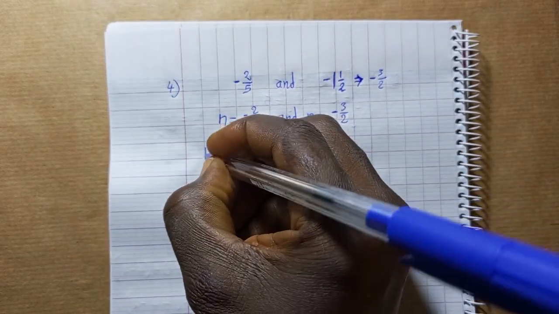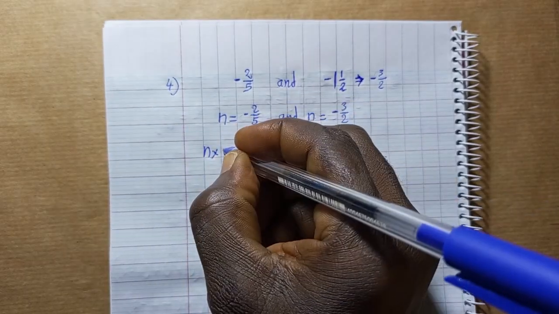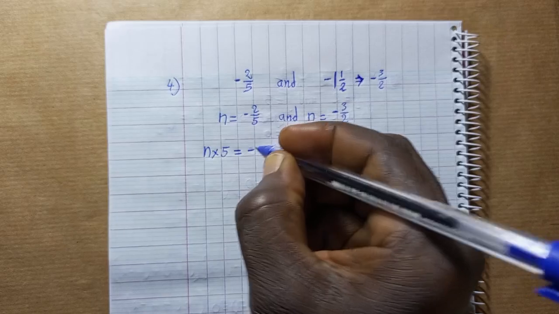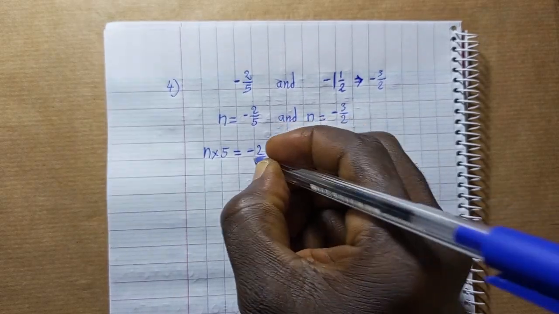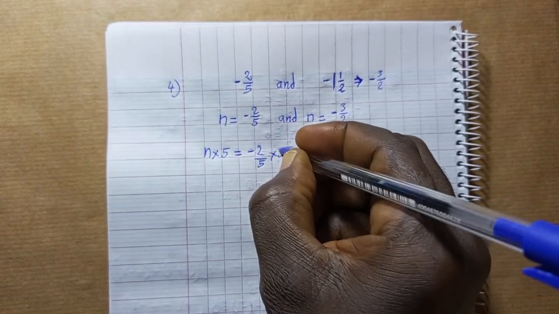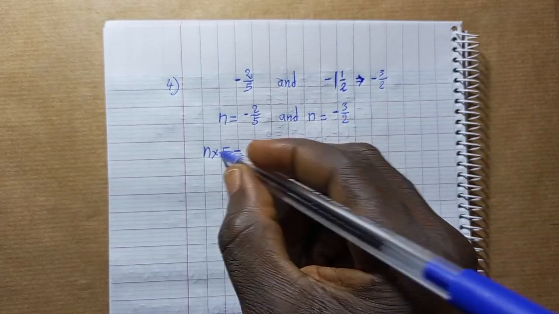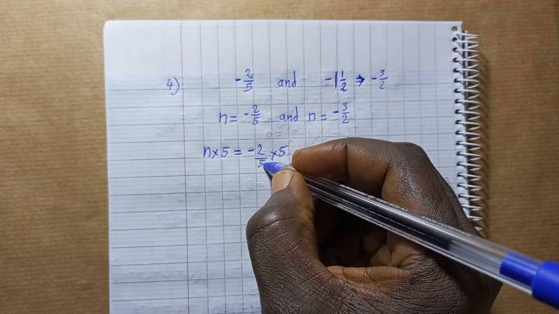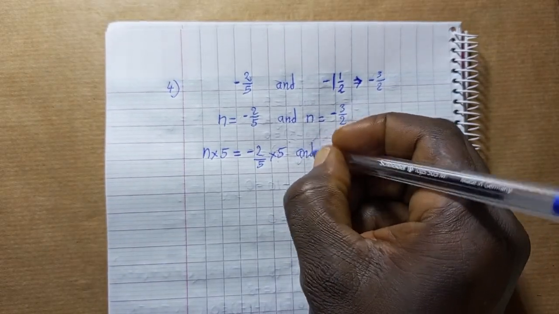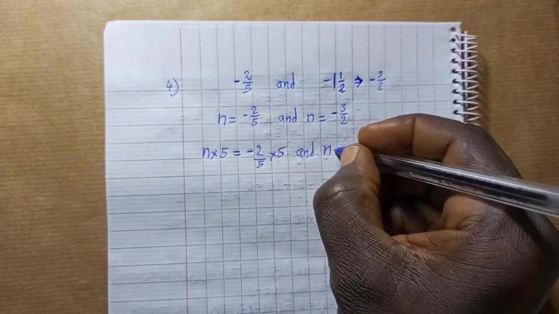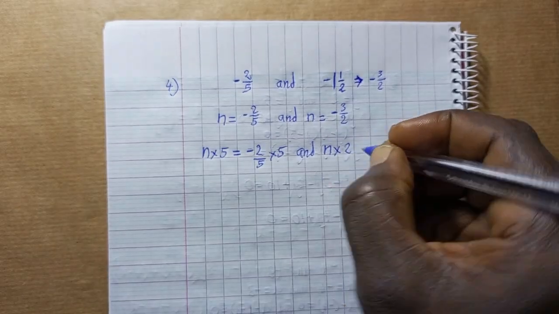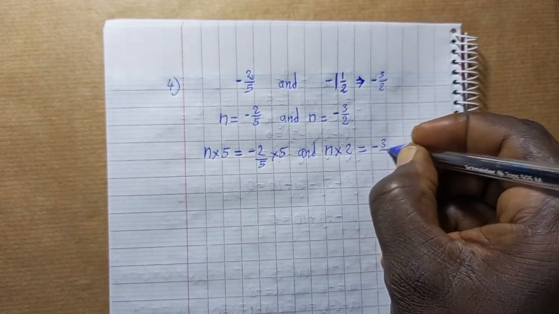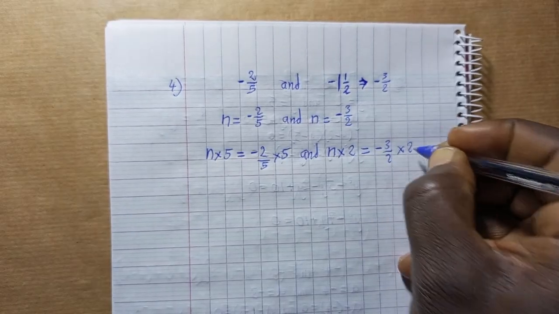So I will do n times 5 is equal to minus 2 over 5 times 5. So I'm multiplying both sides by 5, which is the denominator, and for this side I will do n times 2, 2 is the denominator there, equal to minus 3 over 2 times 2.